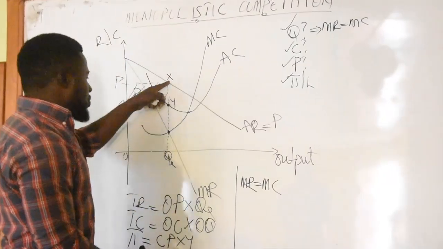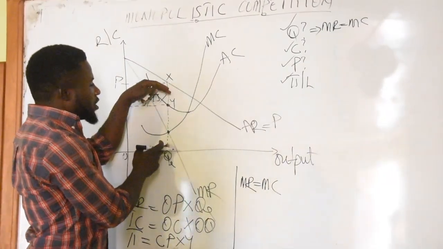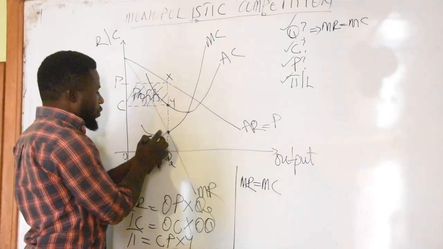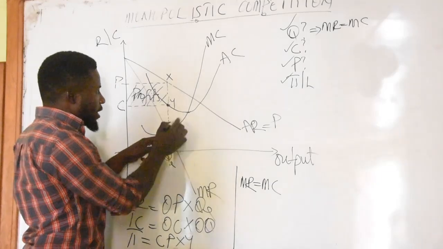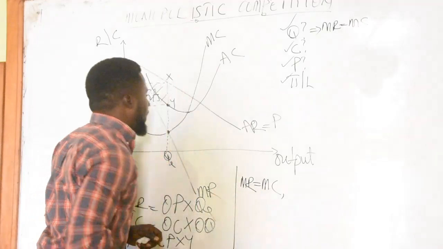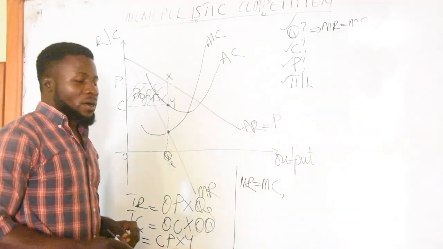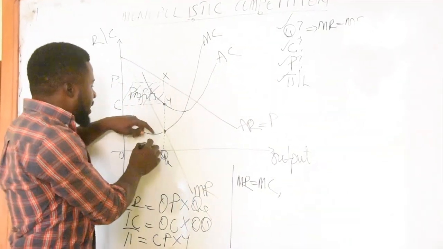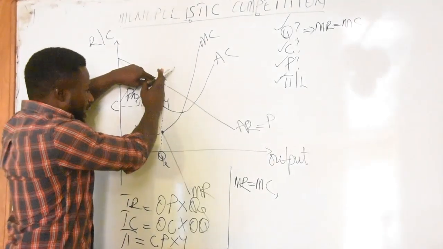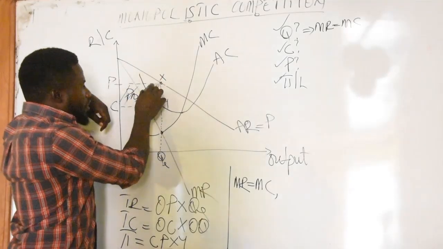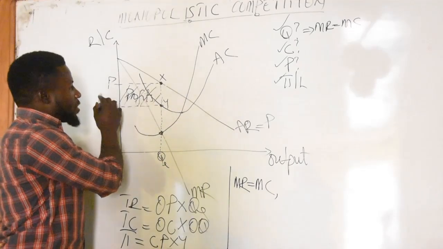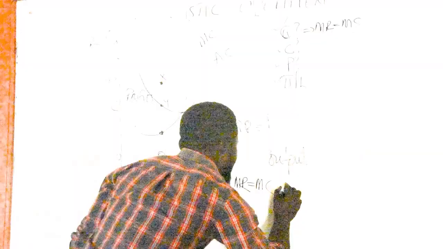At this output level, we see that marginal revenue is meeting with marginal cost. Then, since we are operating in the short run, average revenue is greater than marginal revenue at this output level. Average revenue is up here, while marginal revenue is right down here. So average revenue is greater than marginal revenue.